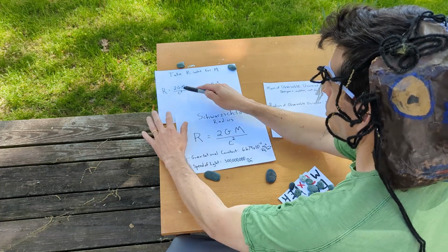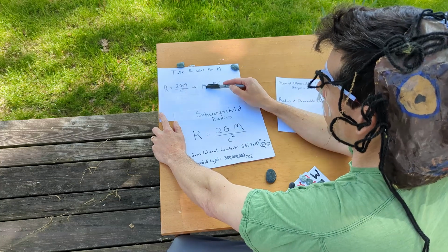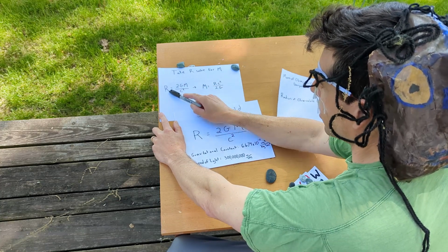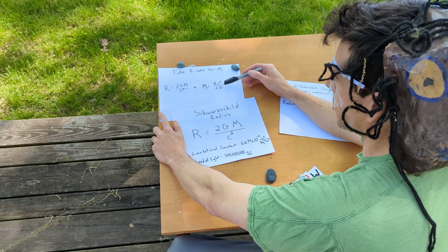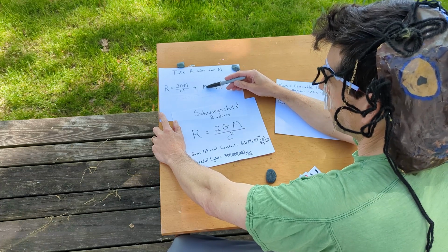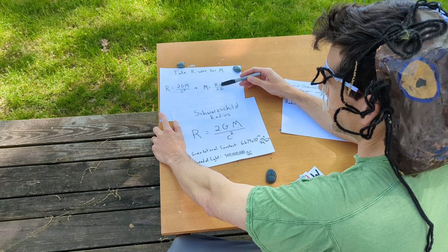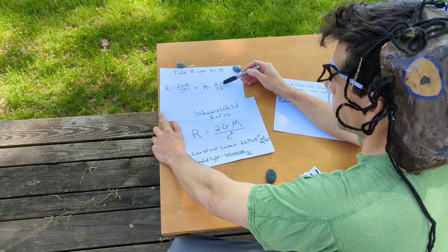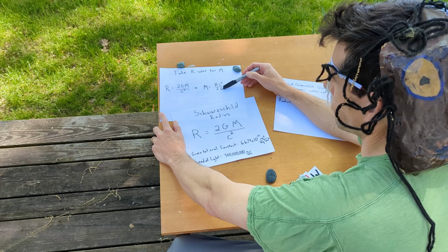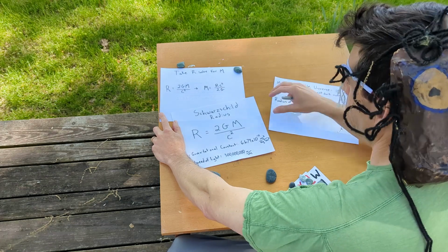All right, so I'm rearranging because we're going to solve for M. So we started with R, and we just divide, multiply to rearrange to solve for M. So to find the mass at the center of your black hole with a radius that's known, speed of light and gravitational constant also known, we receive this equation.